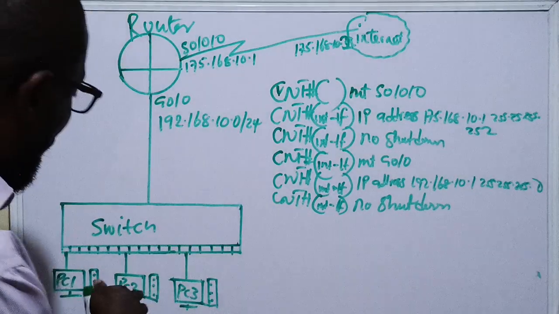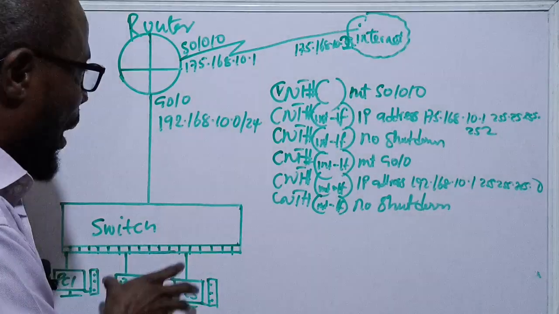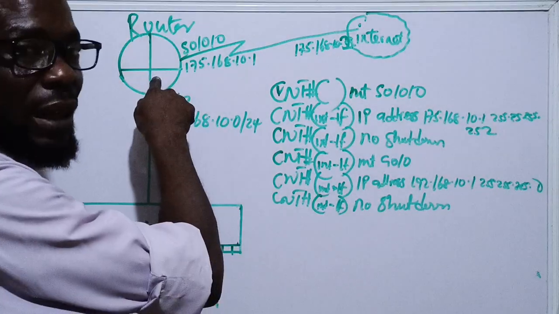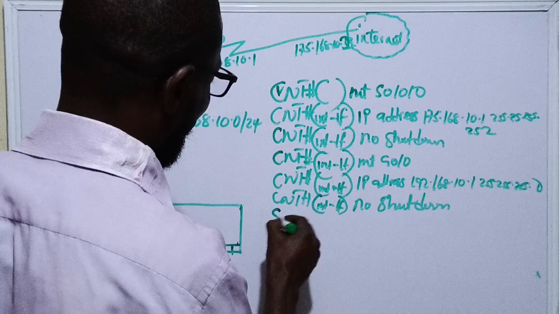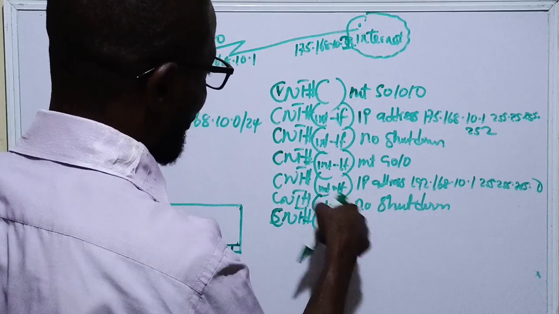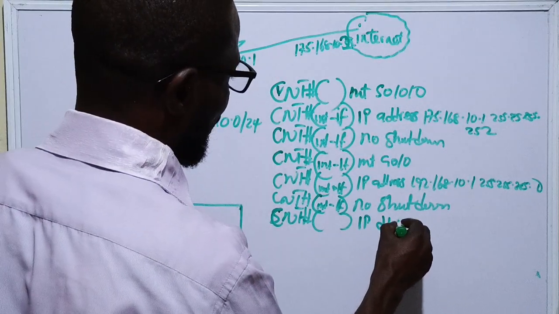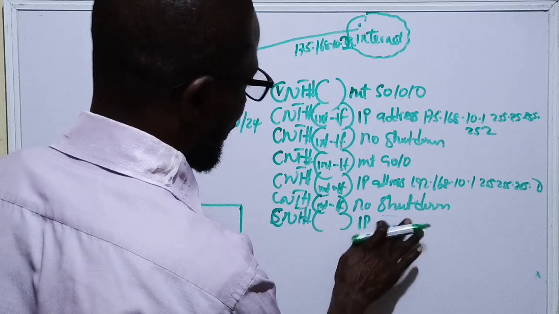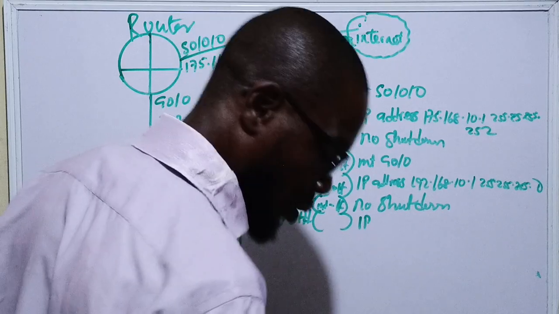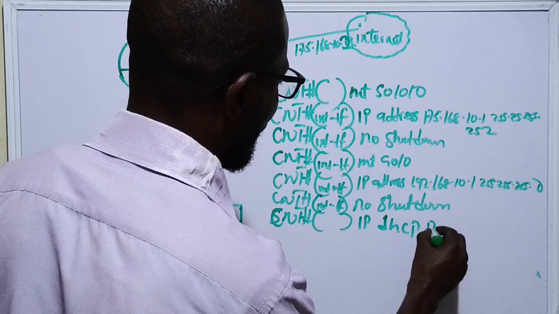If you want to configure this LAN so that these computers acquire their IP addresses through DHCP, you make this router a DHCP server. This is what you need to do: configure terminal, okay. By that time, you must have put exit, then ip dhcp pool.